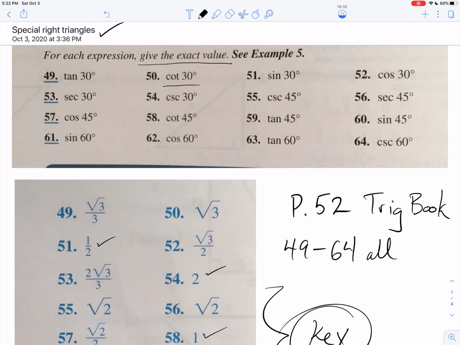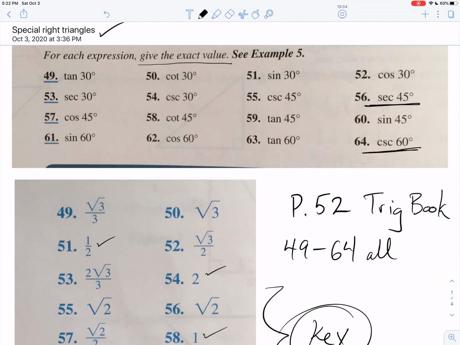Could I just take that answer and flip it over to show them the answer to 50? You betcha you could. All kinds of fresh moves in this. I need you to start with the most basic principle before we get messy. These are all either 30s, 45s, or 60s. But they got some fresh moves here like secant 45, cosecant 60.